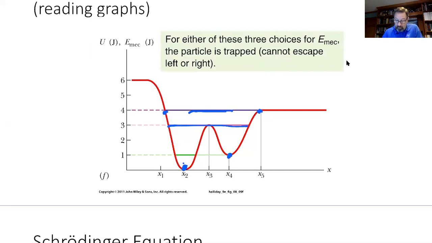If the particle was over here, it would be trapped in the right well because it couldn't get past those points right there. It just would not have any kinetic energy to allow it to get out. And if you went with the green, then the particle would be trapped at x2 right here and unable to escape those positions.